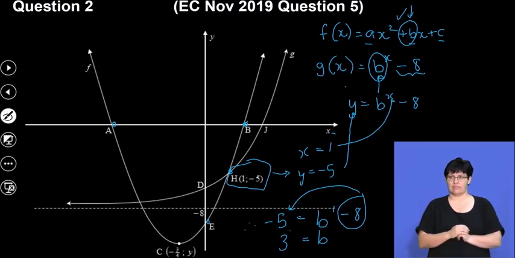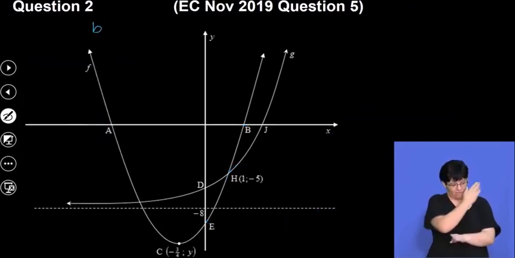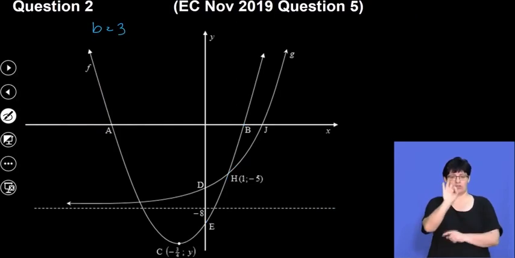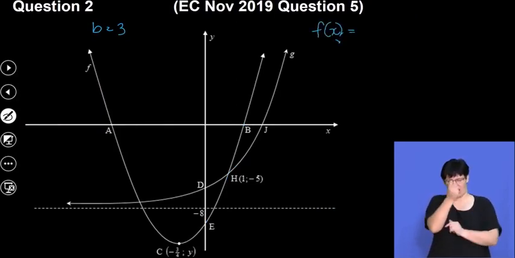Okay, so I found the value of b, and I can now move my attention to both the a and the c. Okay, so I'm just going to delete that and write up here that b was equal to 3. So I can now change my equation slightly. I've got f of x is equal to ax squared plus 3x plus c.